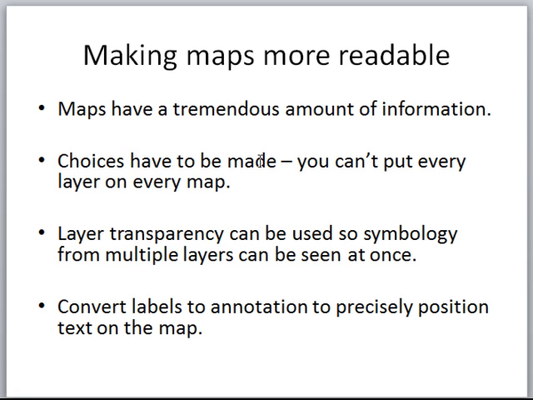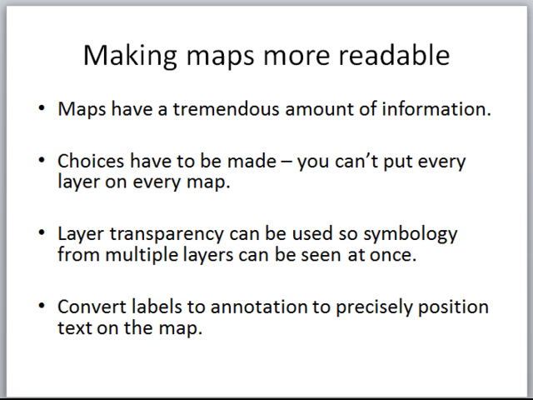Making maps more readable. Maps have a tremendous amount of information on them. Choices have to be made. You can't put every layer on every map. Oftentimes we have to make multiple maps to show information about one area. Things like layer transparency can be used so that symbology from multiple layers can be seen at once.